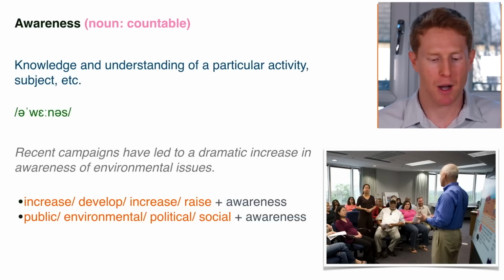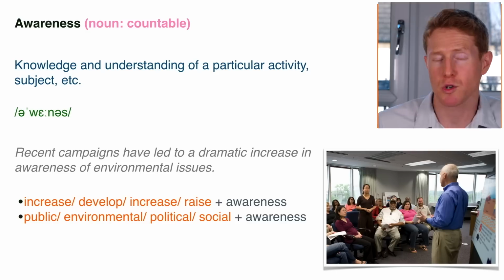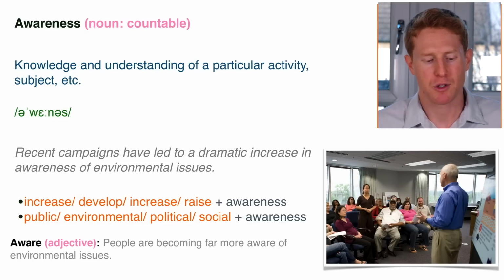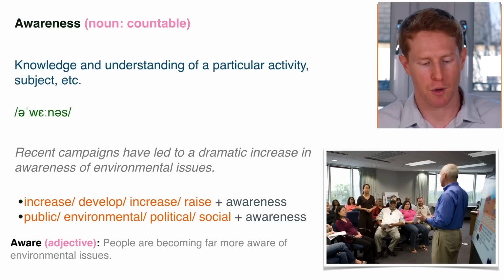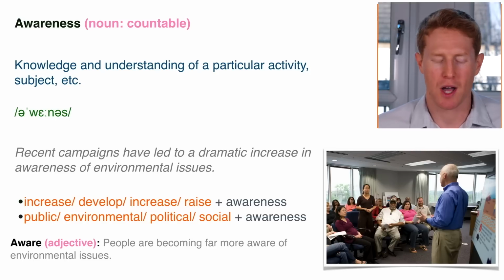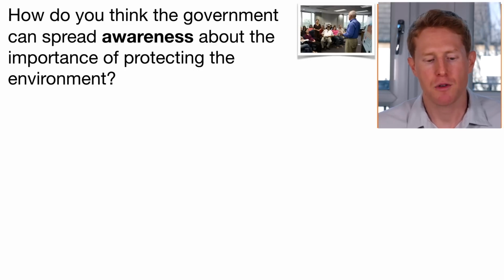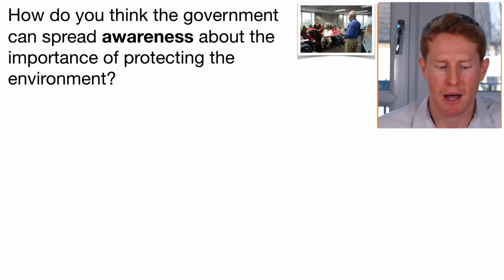We can also talk about public awareness, environmental awareness, political awareness, or social awareness. And we also have the adjective form, which is aware. People are becoming far more aware of environmental issues. Right. How do you think the government can spread awareness about the importance of protecting the environment?